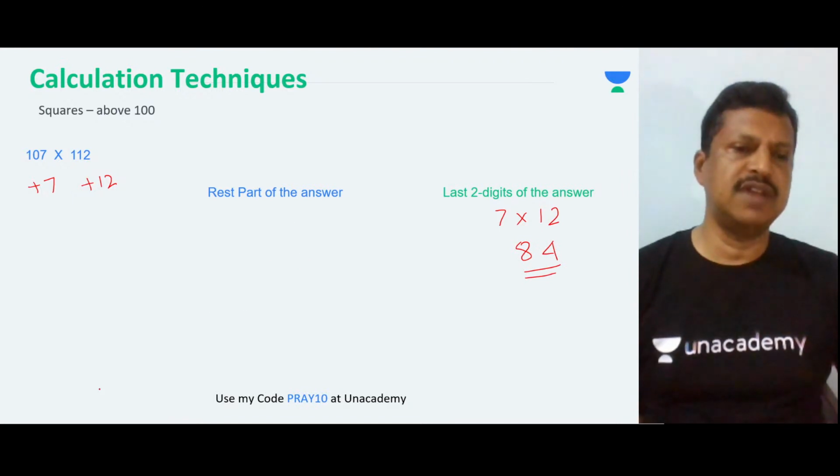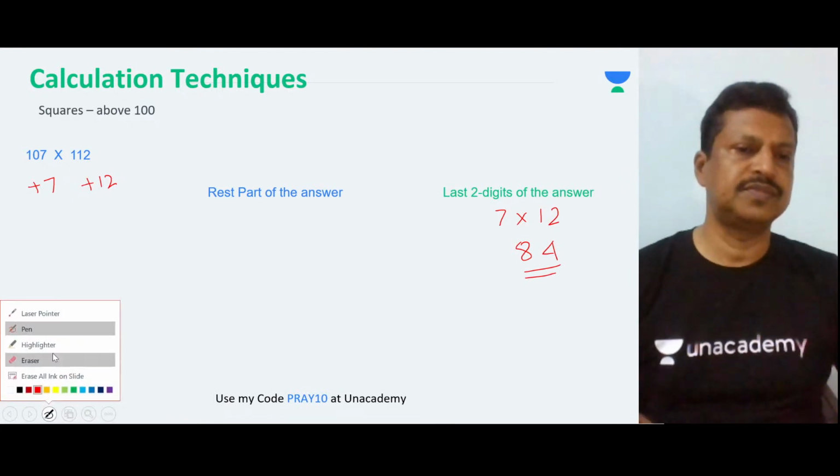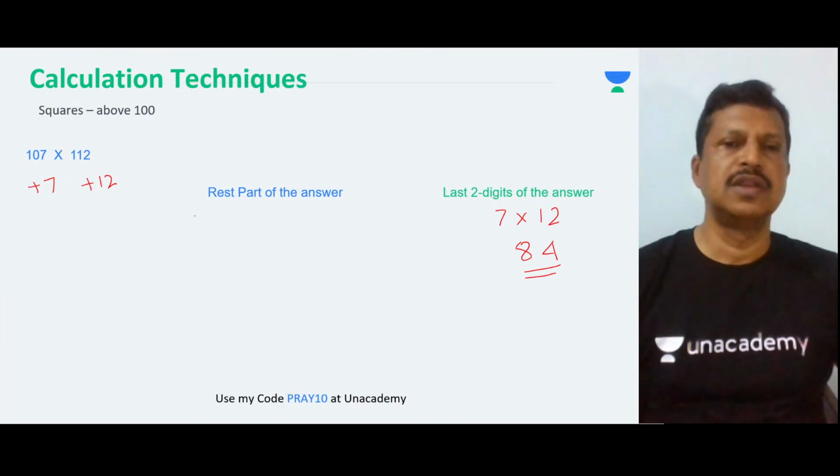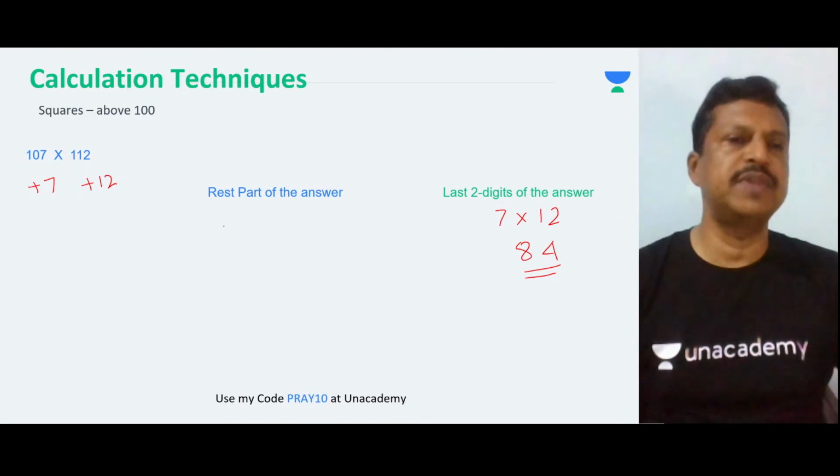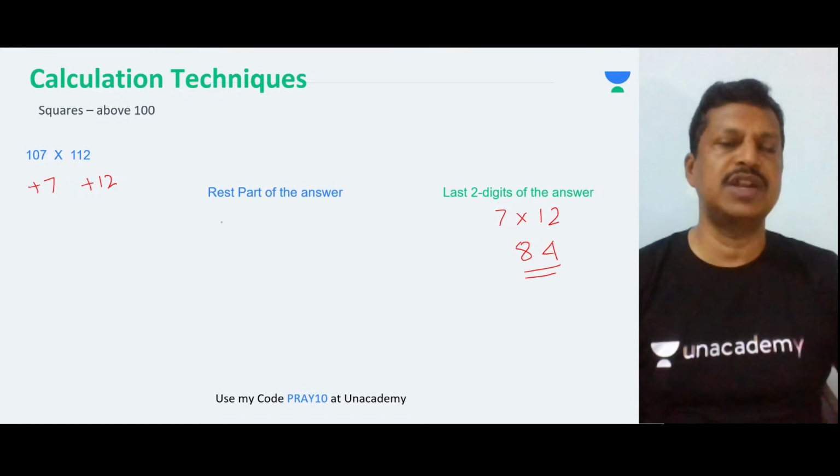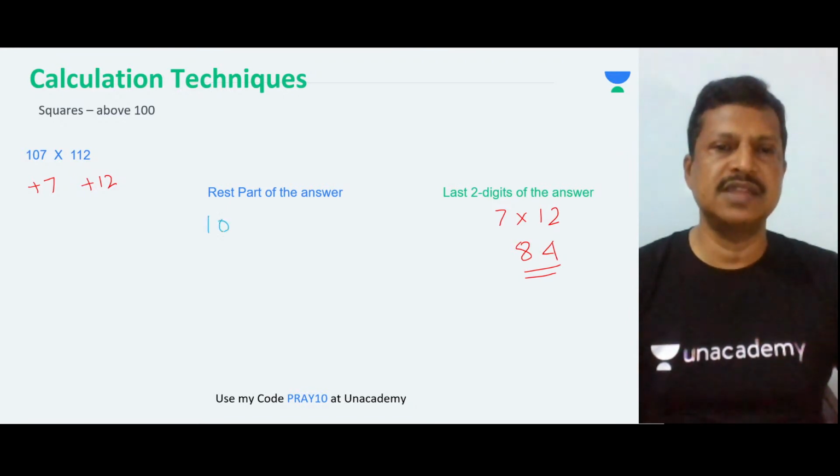And what is the rest part of the answer? The rest part of the answer comes out to be 107 plus 12 or 112 plus 7, whatever you write. So you write 107 plus 12.